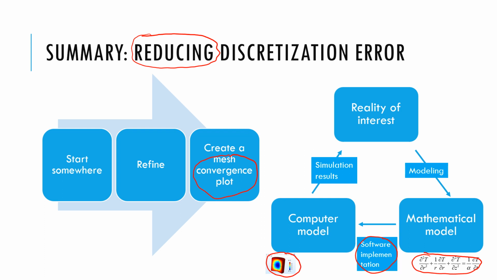In this process, what we just talked about, reducing discretization error, reduces the error between the mathematical model and the computer model. That is the true solution of these governing equations and boundary conditions, and what we actually get.